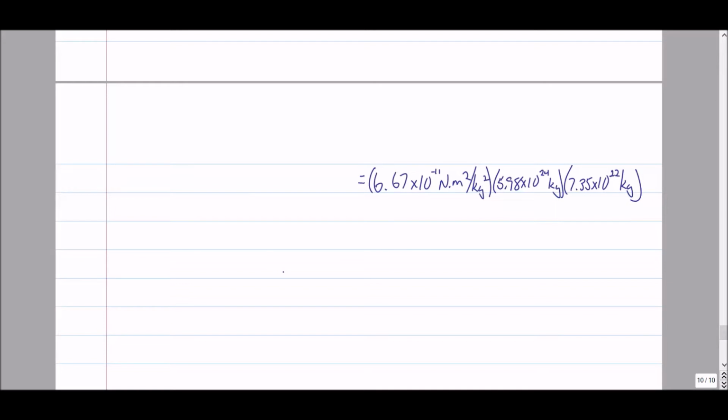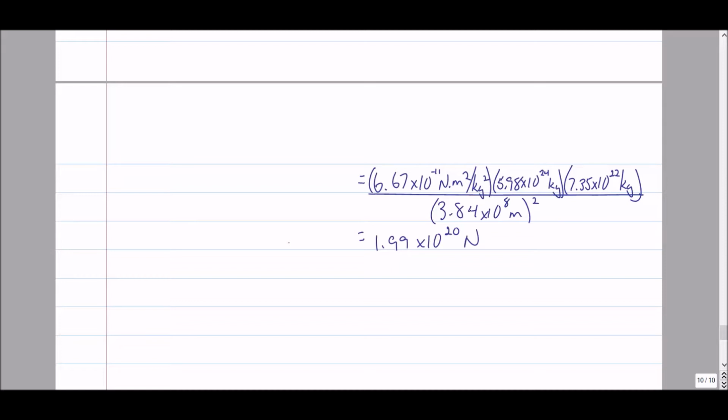I'll multiply this whole product together and divide by the square of the separation distance, 3.84 times 10 to the power of 8 meters. It's a considerable distance, but we've got even more considerable masses, and we'll square that. Now I end up with a force that's 1.99 times 10 to the power of 20 newtons.